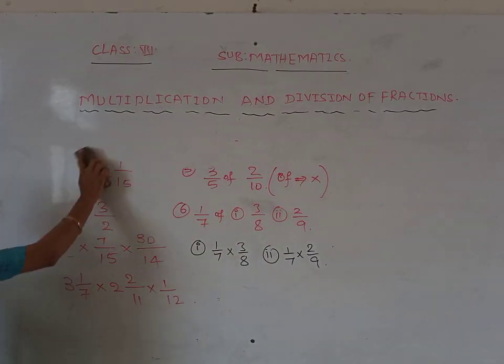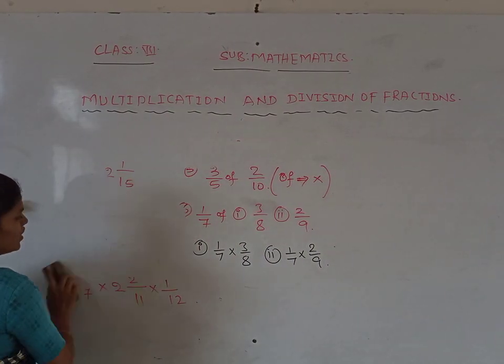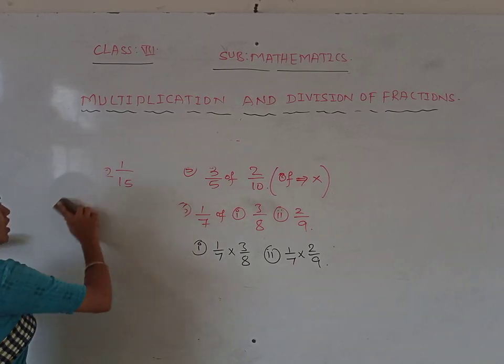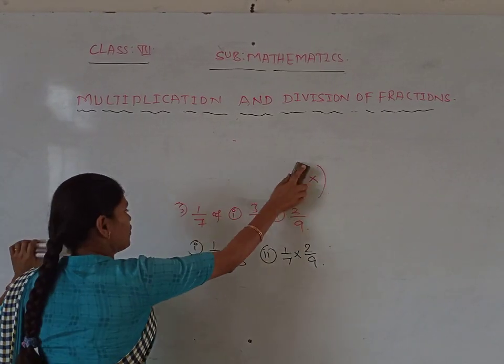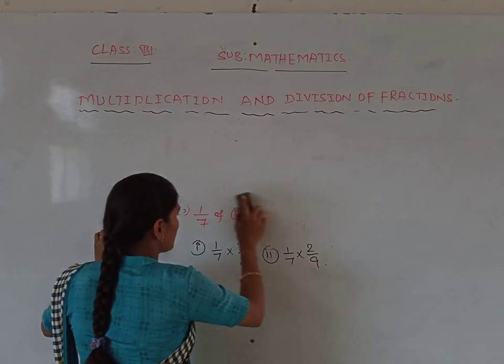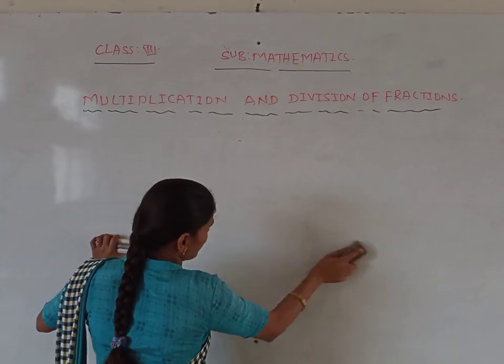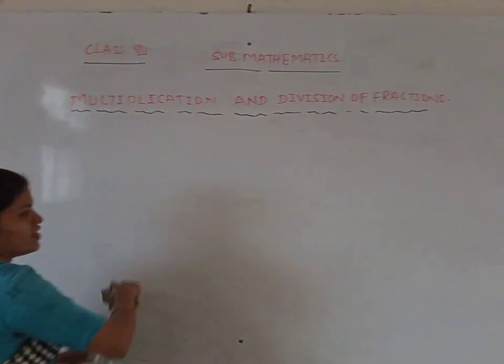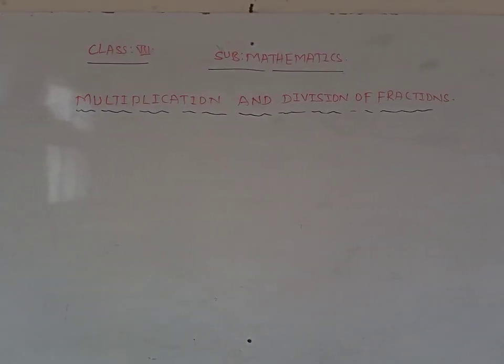Division of a fraction by another fraction, or division of a fraction by a whole number, and a whole number by a fraction. So here also there are three types of problems.